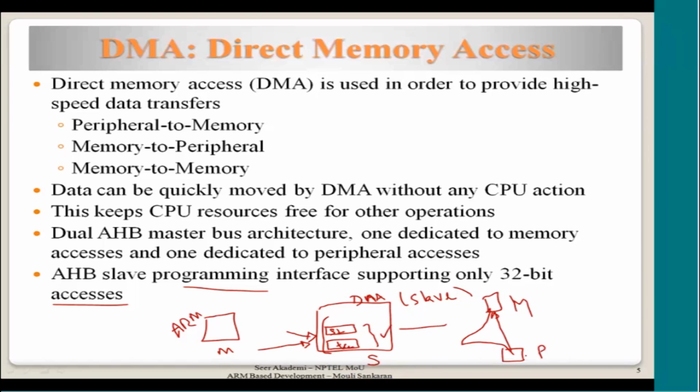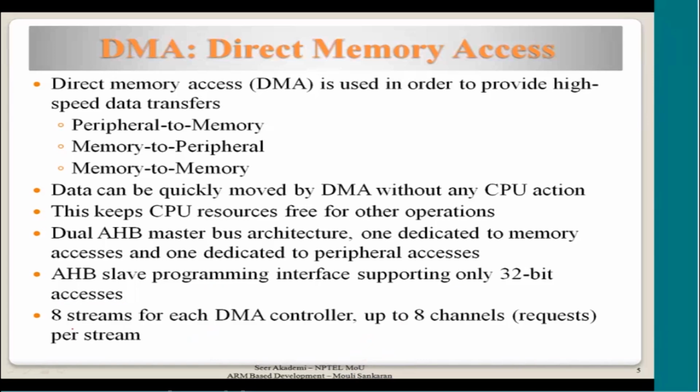During this time, DMA behaves like a master because it is controlling this transaction. So DMA takes a dual role. One is it behaves like a slave when it gets programmed, and then it behaves like a master when it has to perform the job done by the processor, by writing into its own register.